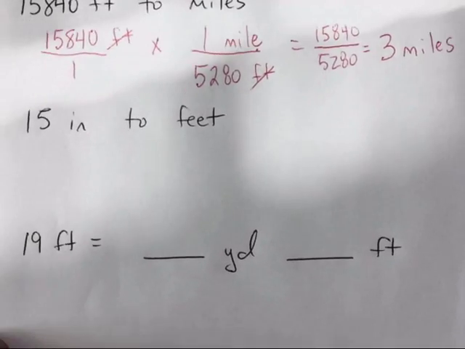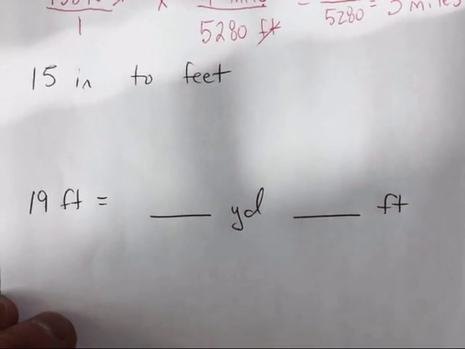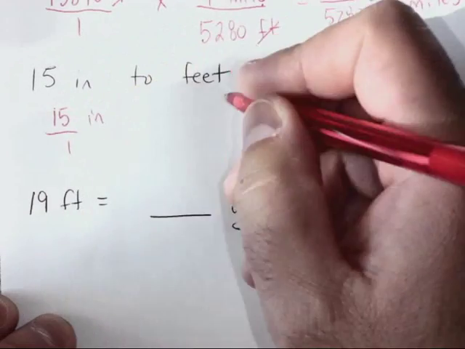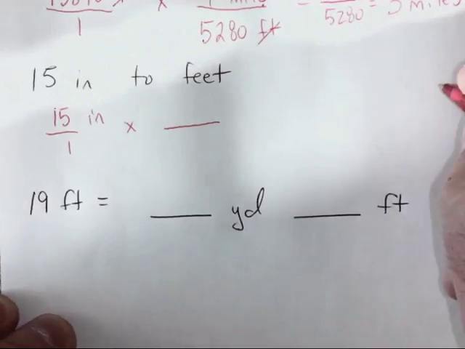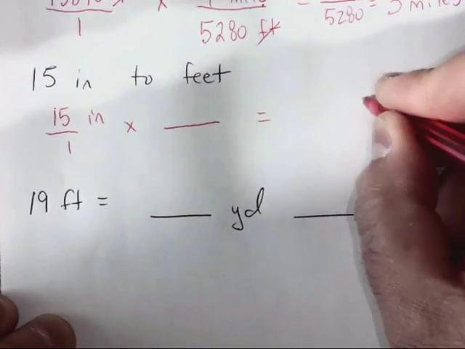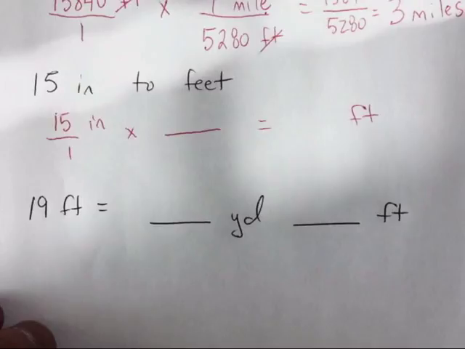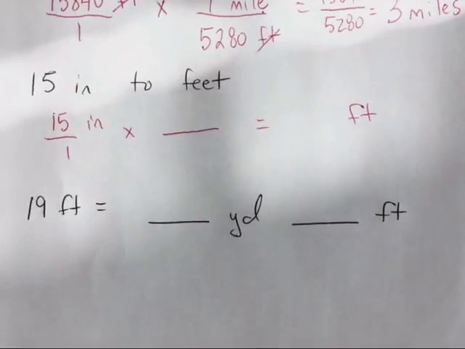All right, let's look at another one. 15 inches to feet. So once again, 15 inches times the unit fraction. We want our answer to be in feet. Okay, so we know that there are 12 inches in a foot.